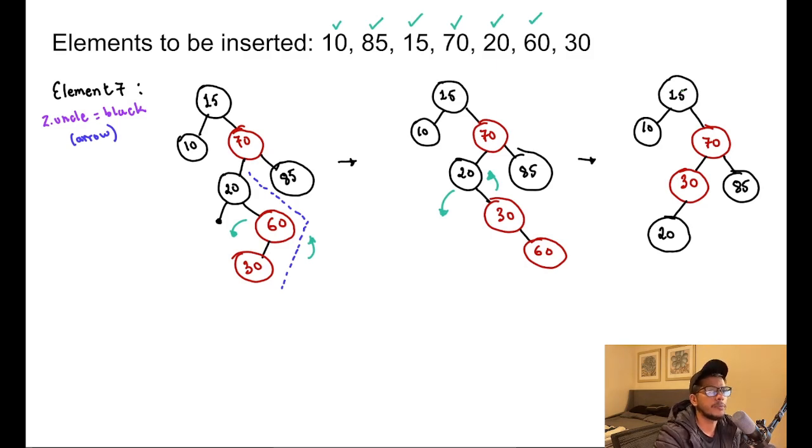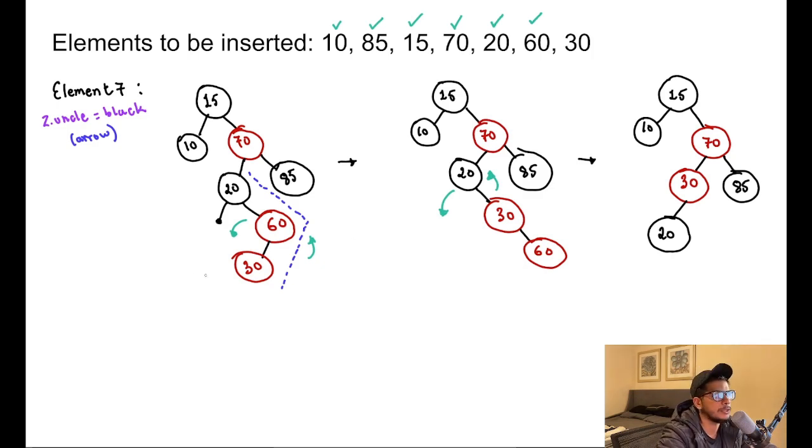It's going to create more problems because then we cannot ensure the same number of black nodes between a node and the null nodes. So what we can do here is, if we simply color node 30 black and color node 20 red, it resolves the issue, right?